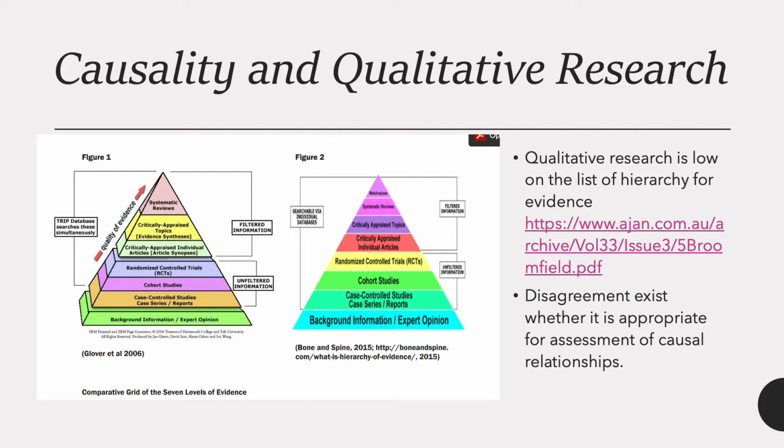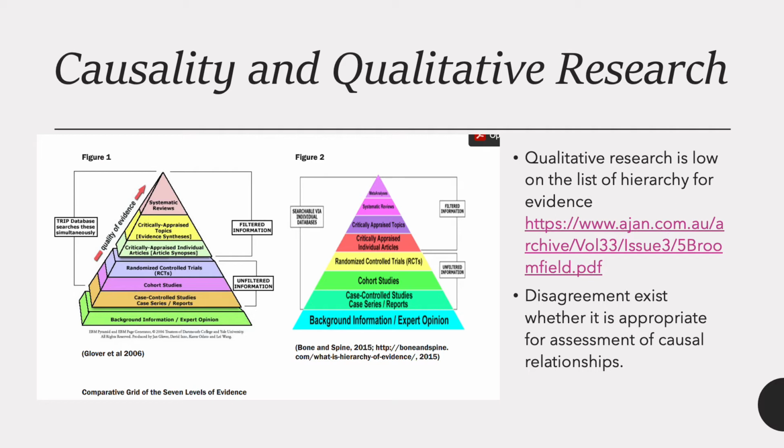And you will notice that the quality of evidence goes from the bottom to the top, with systematic reviews or meta-analysis being at the top, and things like expert opinion, case control studies, and cohort studies being lower on that level.